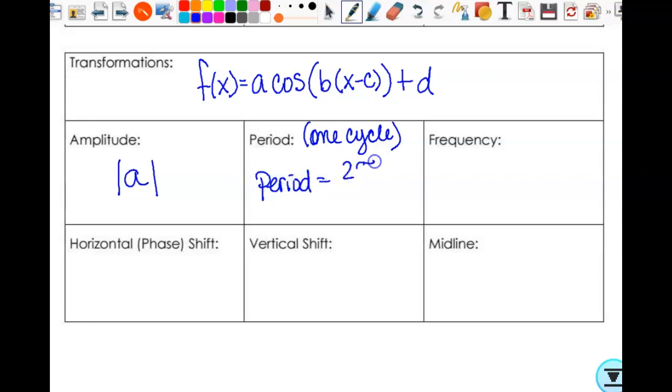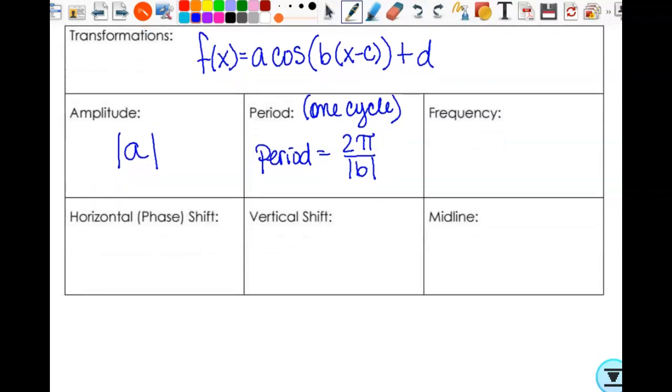It's 2 pi divided by the absolute value of B. Your frequency is the absolute value of B. So last time when I said, okay, if this was 2, then I'd have a horizontal compression of 1/2, which truly is what's happening, but then my period would be pi. My frequency would be 2, which means that 2 cycles happen within that 2 pi. All right, so the absolute value of B is equal to 2 pi divided by the period.